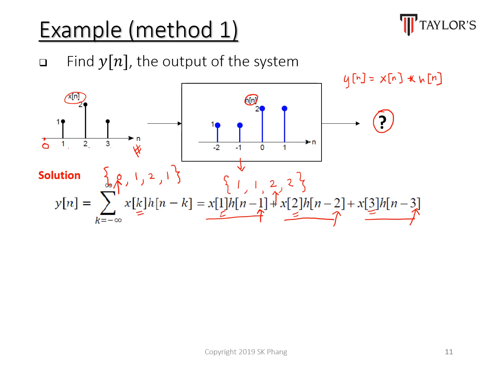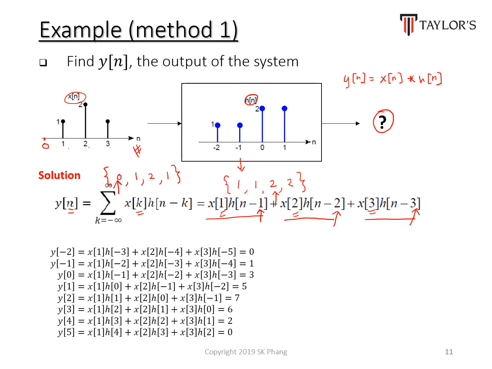For the next step, we are going to calculate for each individual n. The calculation results are shown at the bottom. If you substitute n equals minus 2 everywhere, you get the answer 0 because every term is 0, so there's nothing to see at minus 2.